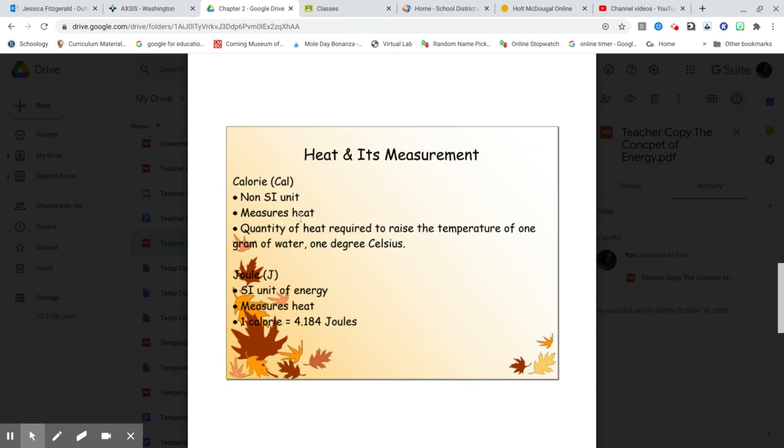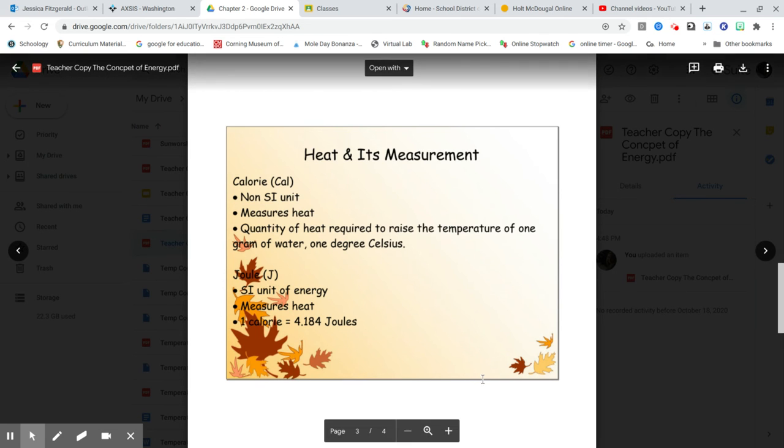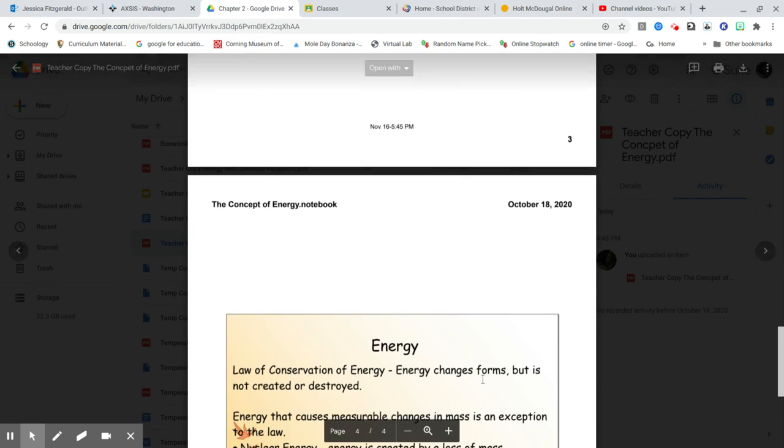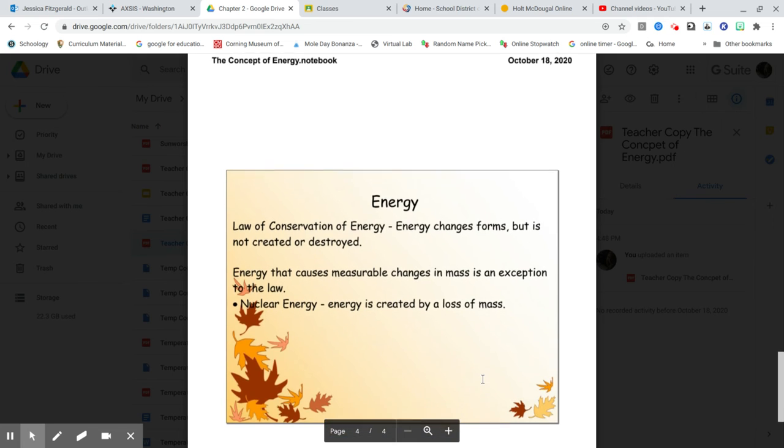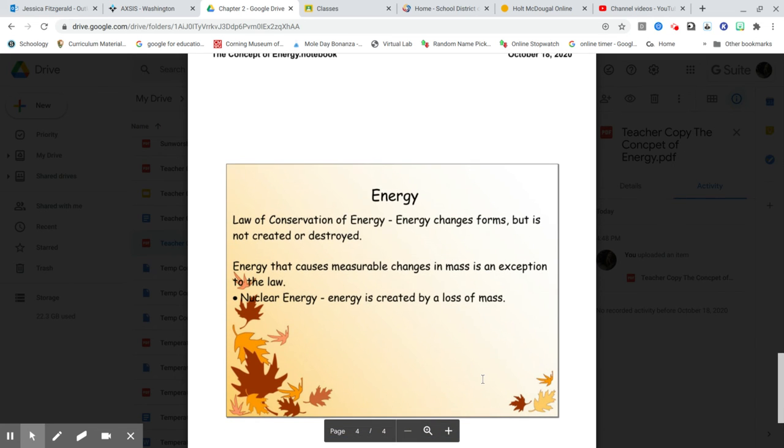And we'll talk more about this. The joule, like I mentioned, is the SI or the metric unit of measuring energy or heat. And one small calorie is equal to 4.184 joules. We'll talk more about those big and small calories in our next video.